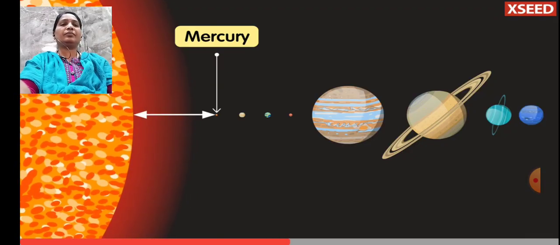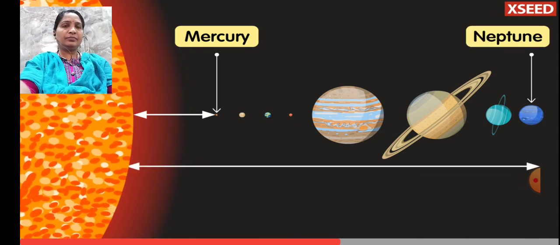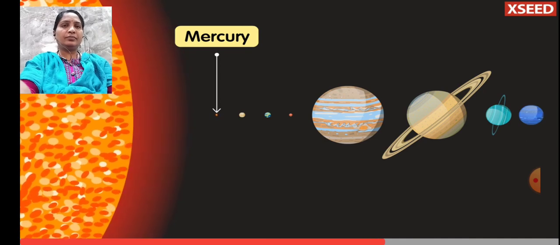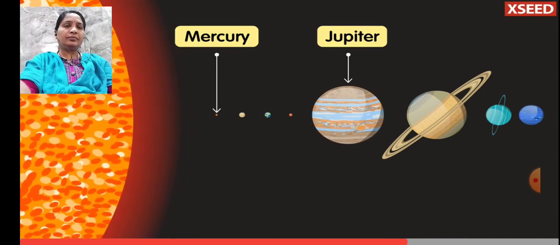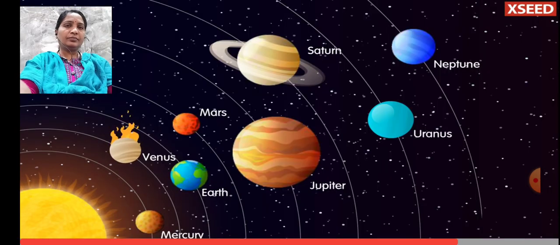Mercury is nearest to the Sun and Neptune the farthest. Mercury is also the smallest planet and Jupiter the largest. Venus is the hottest planet and Uranus the coldest.